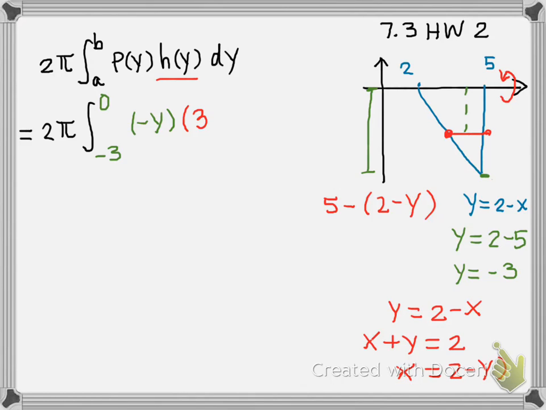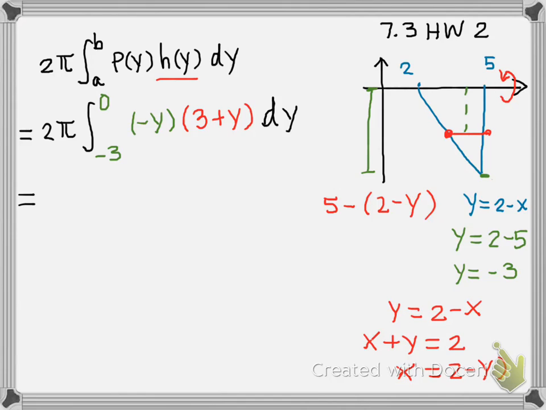And negative times negative y is plus y. So the length of the red line, which is h of y, is just 3 plus y, dy. So after we finish entering all the numbers and expressions, we can evaluate this definite integral.